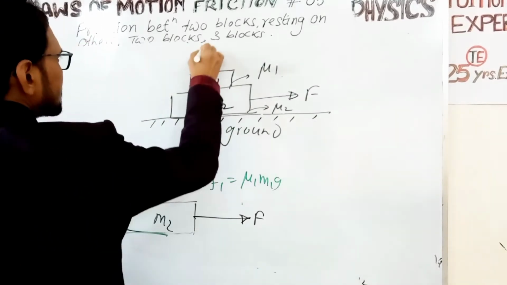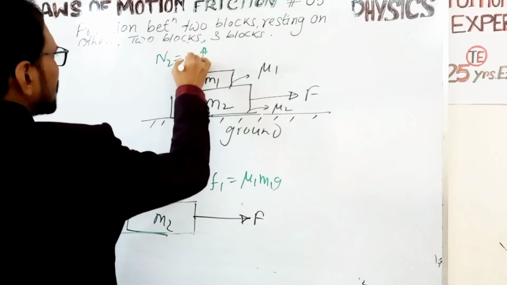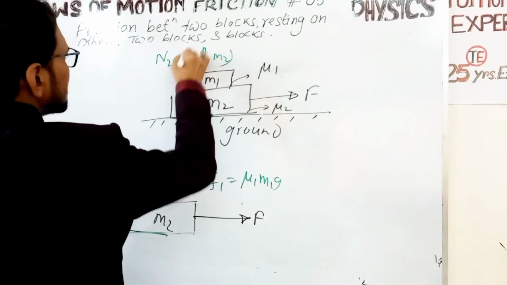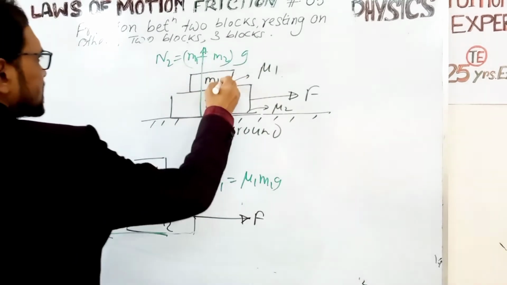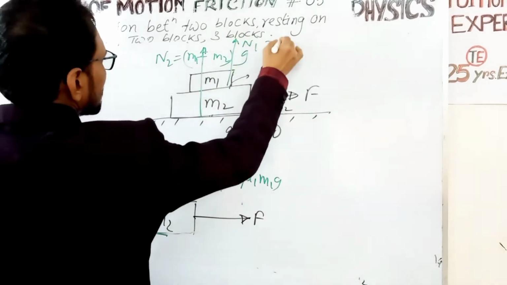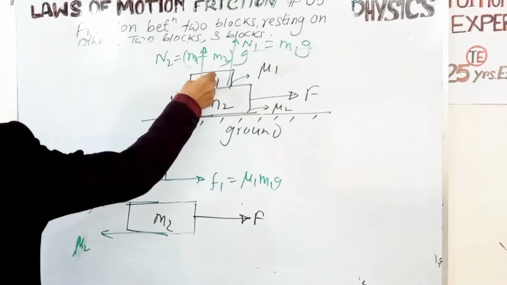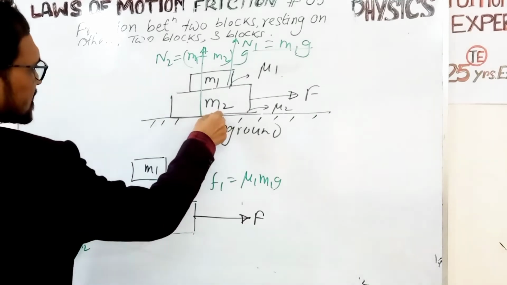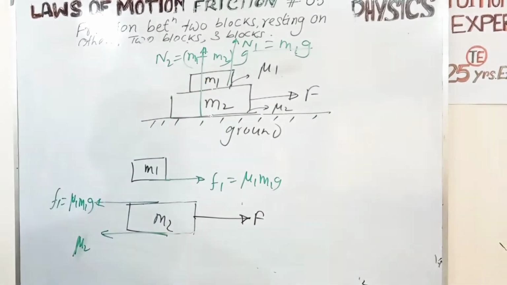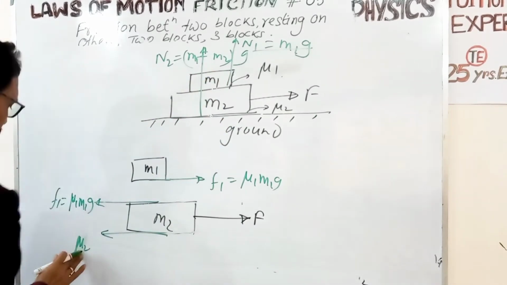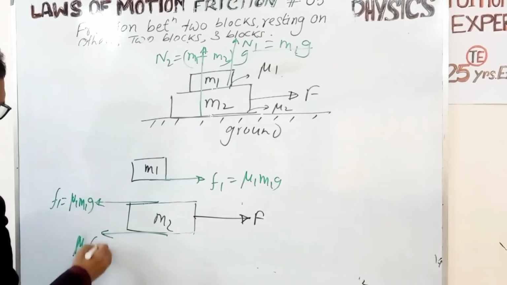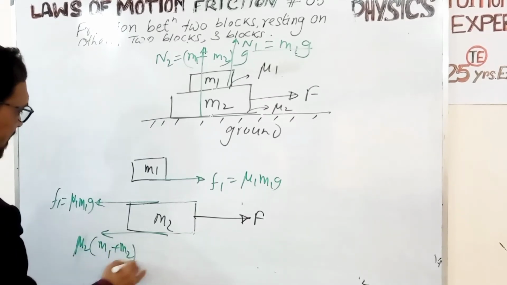Suppose N2 equals (m1 plus m2) into g. Then the normal reaction N1 will be only m1g, because here the normal reaction is only due to mass m1, and here it is due to the whole mass m1 and m2. So here the friction force equals mu2 into (m1 plus m2) into g.